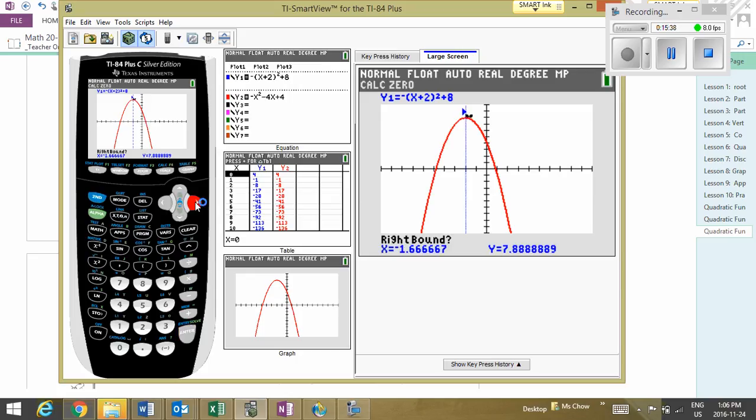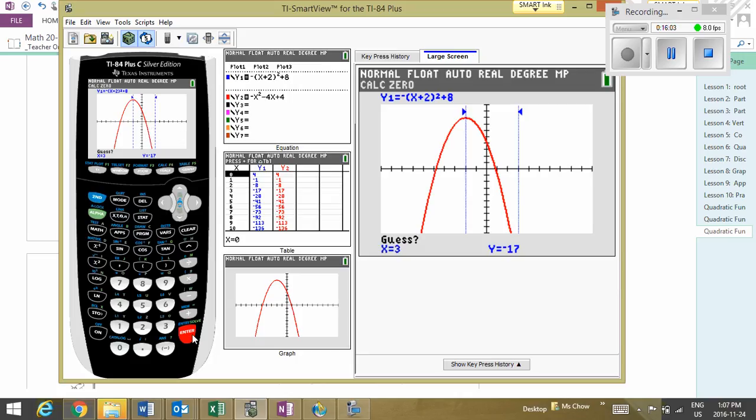So now it's saying, well, where do you want your right boundary? So again, I can just move the cursor. So right of this x-intercept is anywhere down here, but I know that, let's say, +3 is also to the right of that. And so I can also just enter in 3, and that takes that as the right boundary. So you can see clearly here my left and my right boundaries. The x-intercept that I want to capture is right between there.